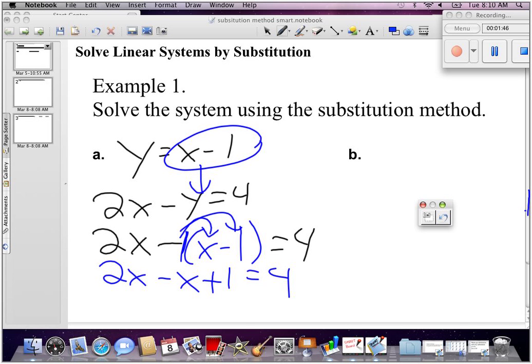So what's 2x minus x? 1x. Do you have a question, Jasmine? Because a negative times a negative gives you a positive. We've got to distribute the negative because it's on the outside of the parentheses, and therefore it becomes positive.